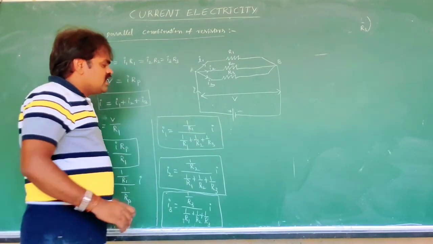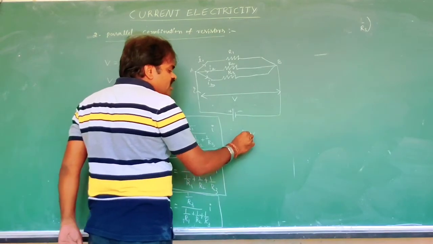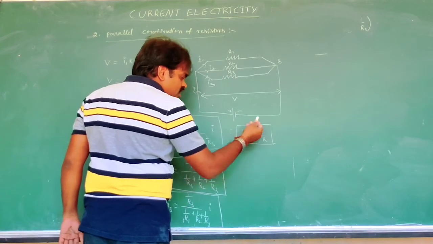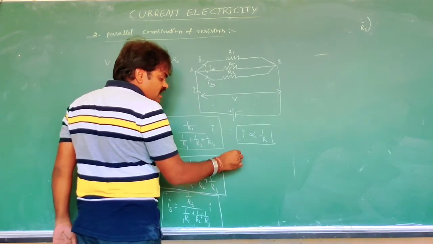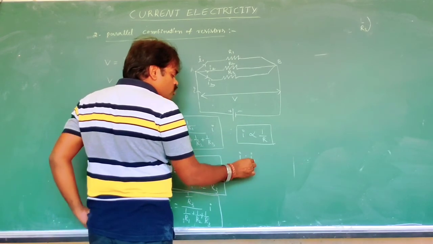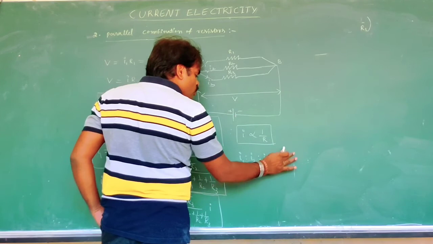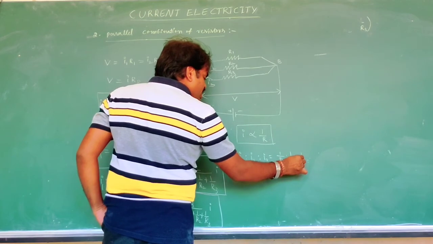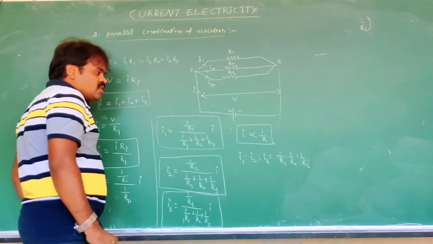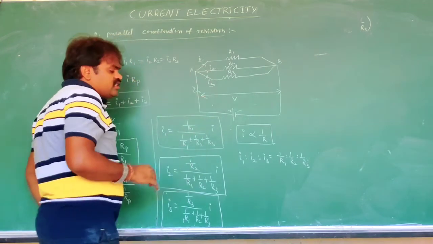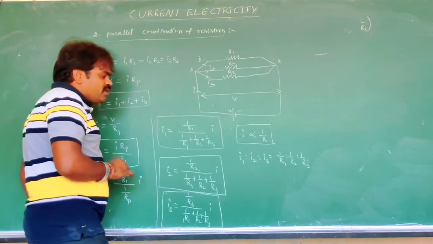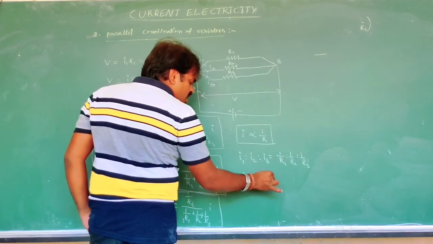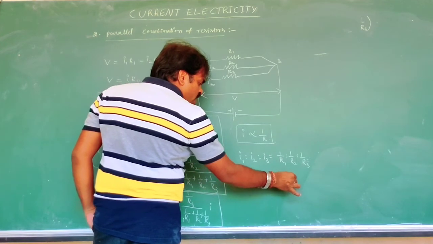Here we can observe that the current in the parallel combination is proportional to 1 by R. That means the ratio of the currents I1 is to I2 is to I3 is equal to 1 by R1 is to 1 by R2 is to 1 by R3. Now, what is the potential ratio in the parallel combination of the resistors? That is, V1 is to V2 is to V3 is equal to 1 is to 1 is to 1.